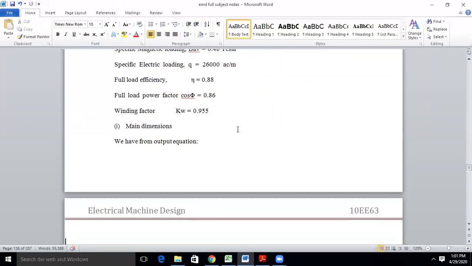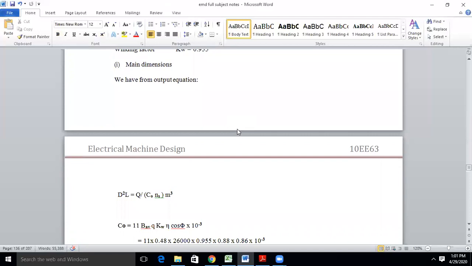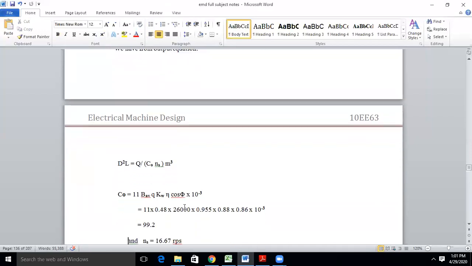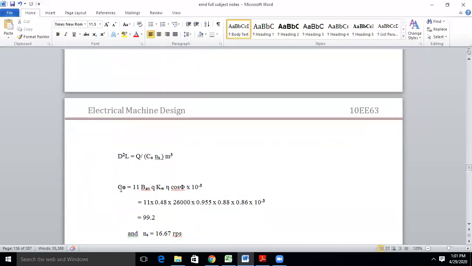To calculate the main dimensions, we have an output equation, that is D square L is equal to Q divided by C naught Ns. This is the formula we got from the output equation. From this equation we can get the value of C naught, the output coefficient.